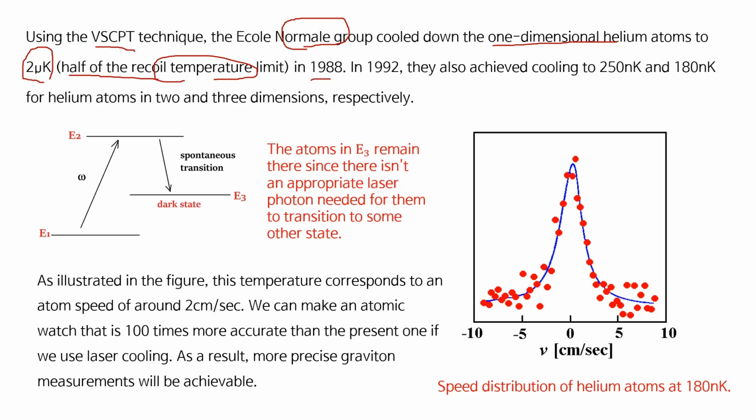In 1992, they also achieved cooling to 250 nanokelvin and 180 nanokelvin for helium atoms in 2 and 3 dimensions respectively. This figure shows the dark state.